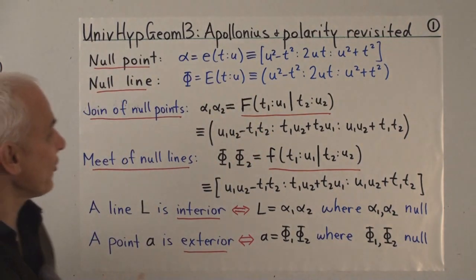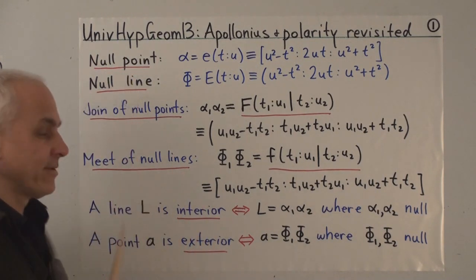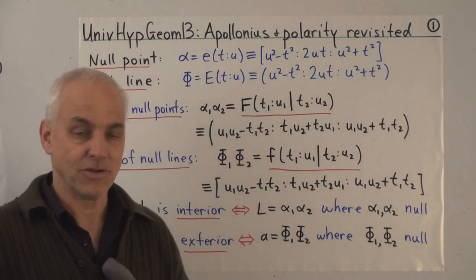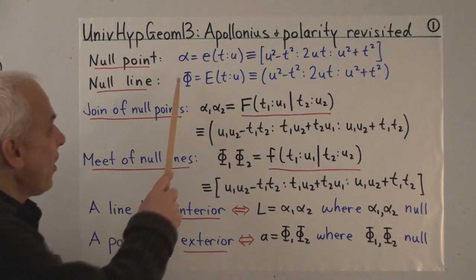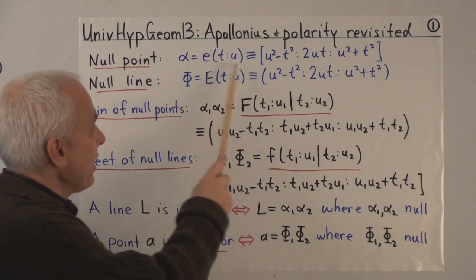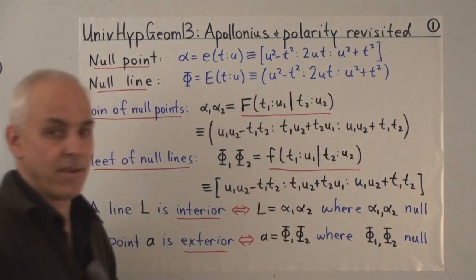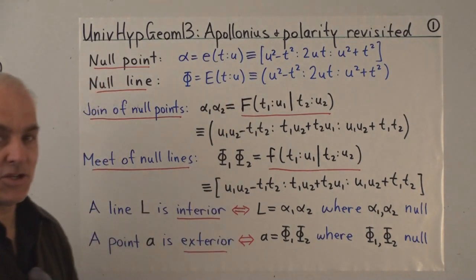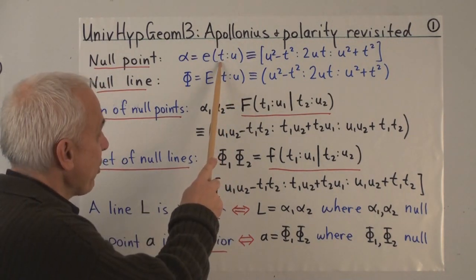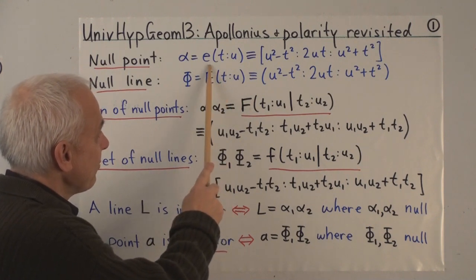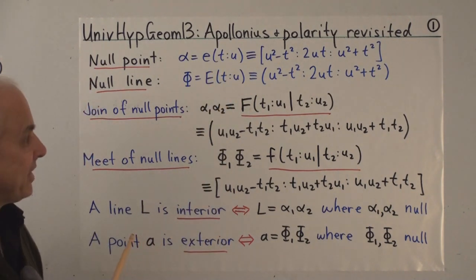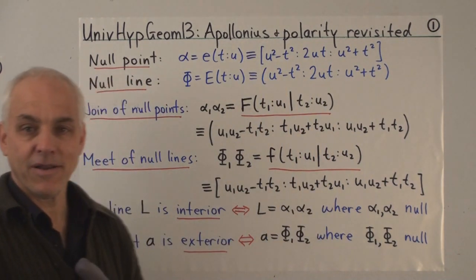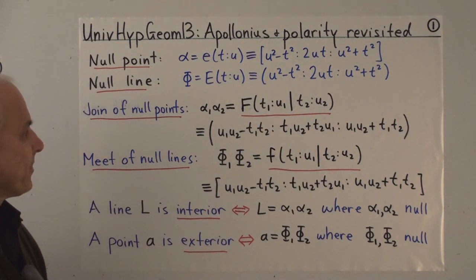So I remind you that our basic setup is that a null point is a point by definition which lies on its dual line. And we saw that every such null point, say alpha, can be expressed in this way by the use of an auxiliary proportion t to u. So for every proportion t to u, we can define this point, call it little e of t to u, given by this formula here, and that's a point on the null circle or a null point.